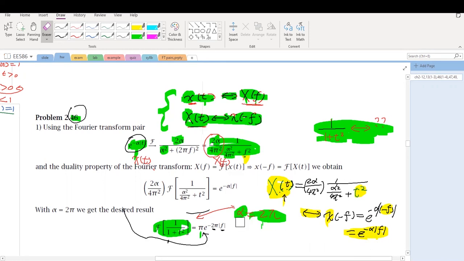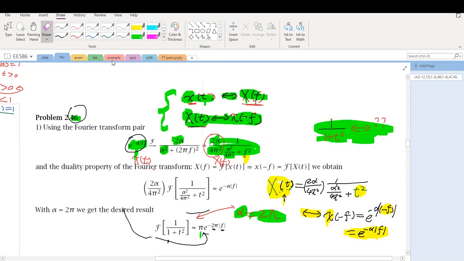Now I'm going to assign alpha equals 2 pi. If I assign that, this square bracket becomes 1 divided by 1 plus t squared. Okay?